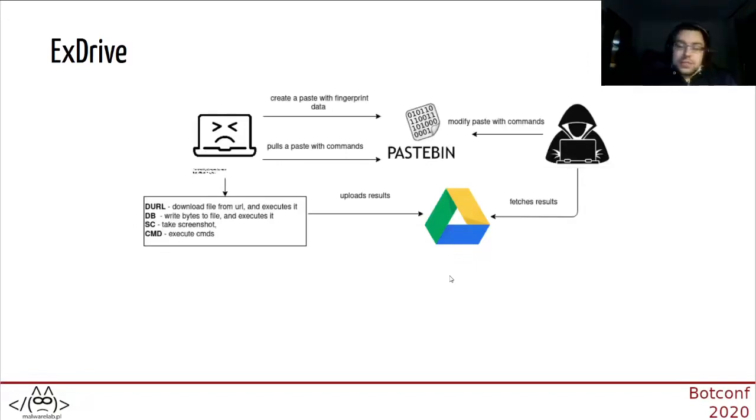But it's the first stage malware that will be dropped on a target in order to understand what happened, and if you can do anything funny with this compromised machine. So what will it do? It has these four commands. It can download a file from a URL directly from bytes in the command, write it to a file and then execute it.